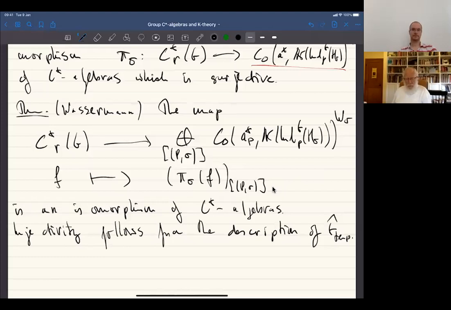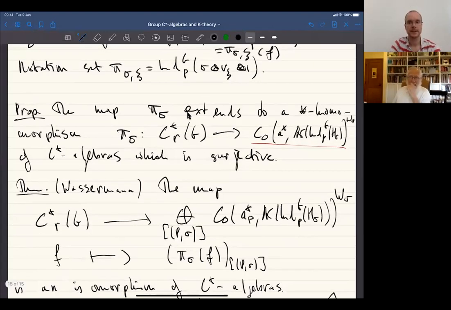There is a question: why does the map in the proposition extend to the reduced C-star algebra? Well, I must admit that I'm not expert enough to actually. So you have to prove a norm estimate. Maybe Peter knows some more. The norm on C-star G is the norm of left convolution on L2 of G as a bounded operator.